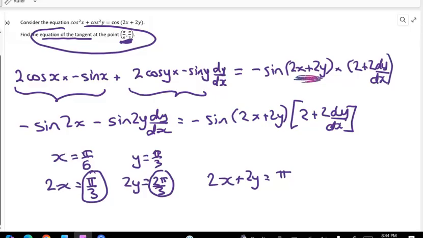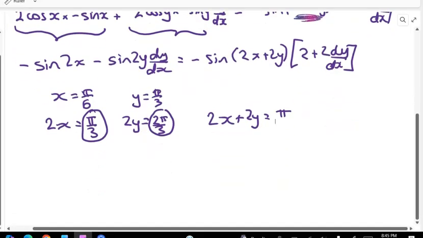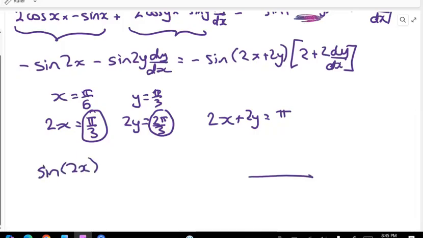All we have to do now is to figure out what those things are. So let's just move this screen down a bit. So sine of 2x is sine of pi on 3. So that's √3 on 2. Sine of 2y is over here.